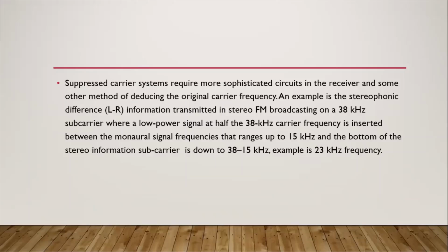Okay, makikita lang natin dito kung paano nagkakaroon ng, for example, yung monaural signal frequency na nasa 15 kHz. Pero meron siya ring value ng bottom ng stereo information subcarrier na down to 38 to 15 kHz. Okay, ibig sabihin may range sila na frequency.